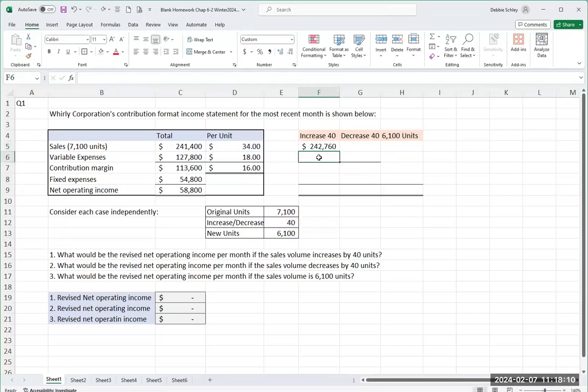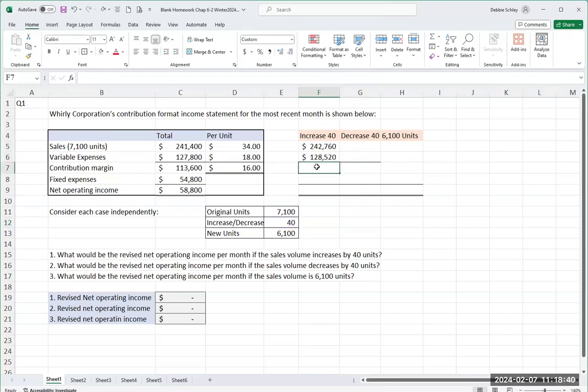Okay. Now, if I go in here and I anchor those two cells, I can then drag that formula down for my variable expense. So now it's my variable expense per unit, which was given, times the original units plus 40.